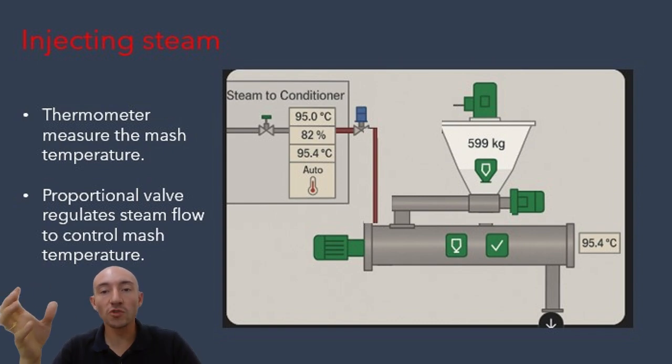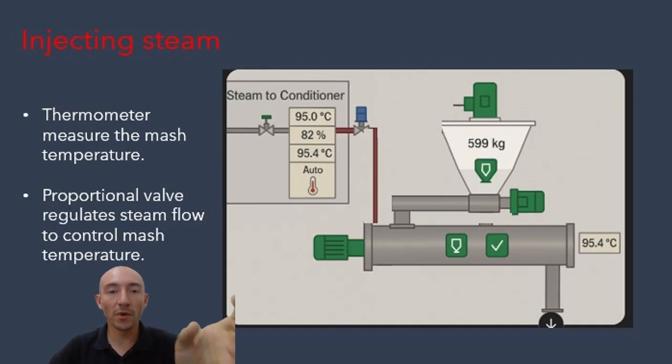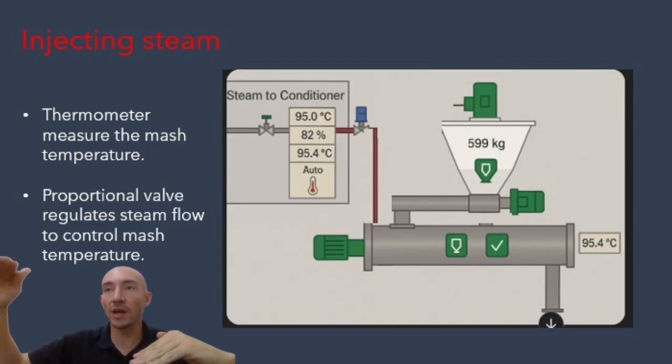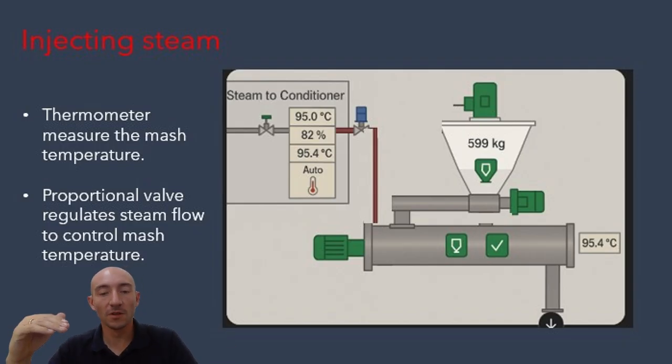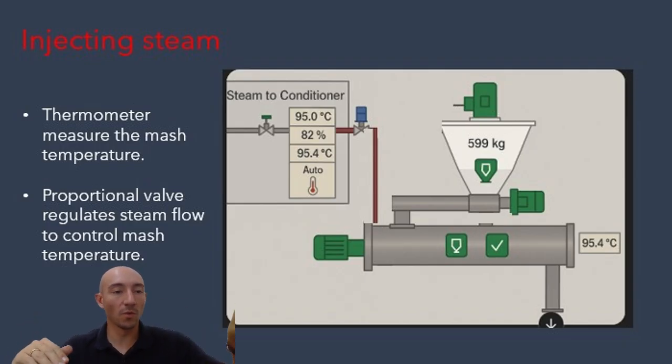And this setup also makes the operator's life very easy, because if the operator sees the opportunity to improve the product, to improve capacity by moving from 95 to 96 degrees, all he has to do is to type the new temperature target inside the automation system. He doesn't need to play with the valves. So imagine that the operator went from 10 tons an hour to 11 tons an hour, right?